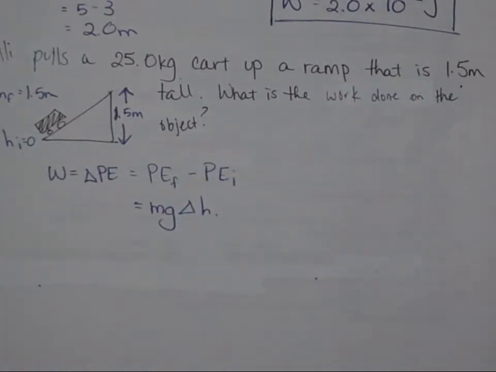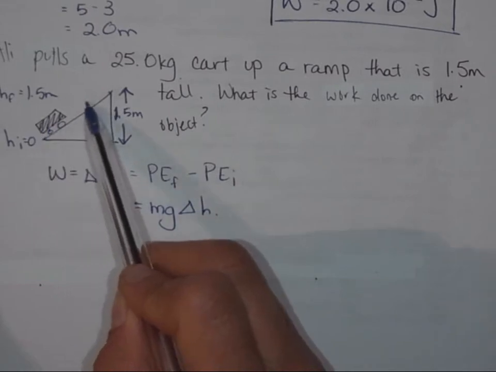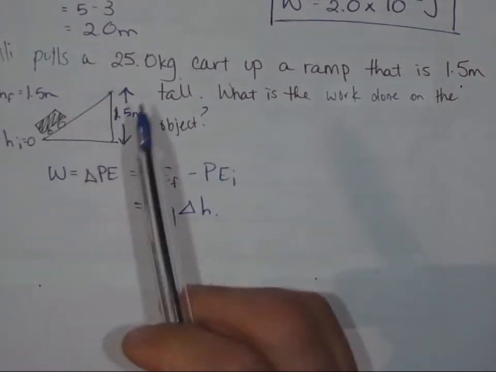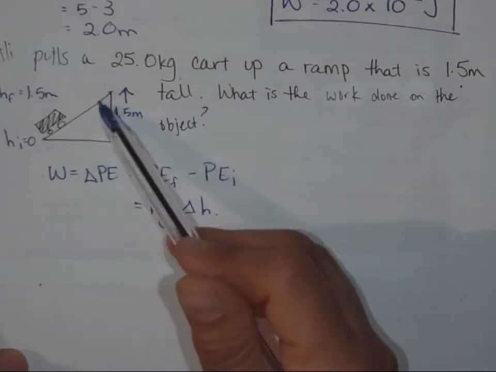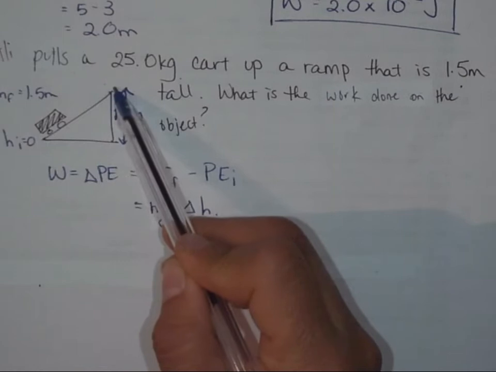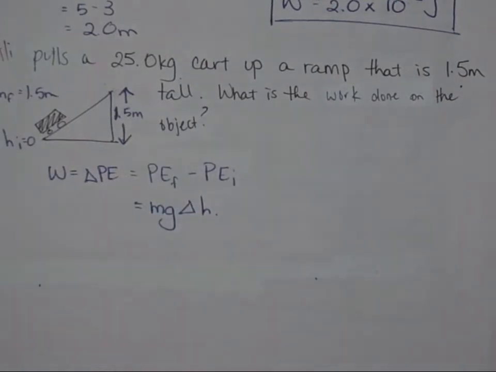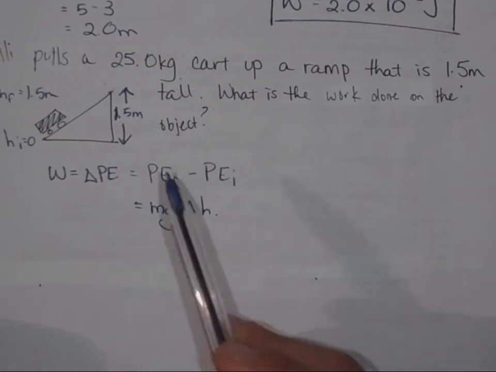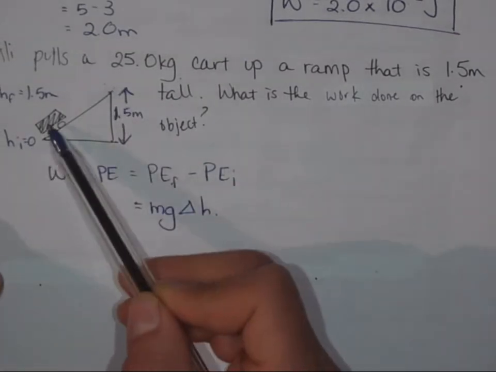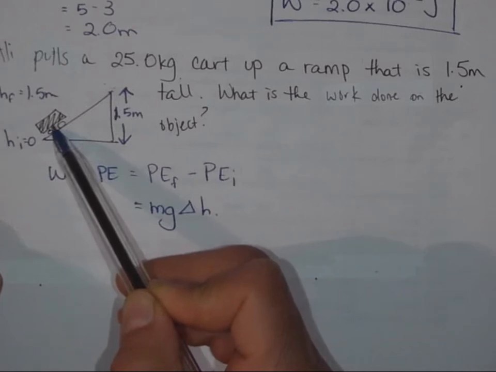So the work I'm doing is a change in the potential energy. If you remember from the last video, I had a force applied over the ramp, and I was measuring the distance of the ramp. However, I'm not given this distance of the ramp. I'm also not given any means to calculate the distance of this ramp. I'm also not given a force. So in this case, that's where I want to be looking at the change in potential energy, because the work that is being done on this cart is actually changing its potential energy.